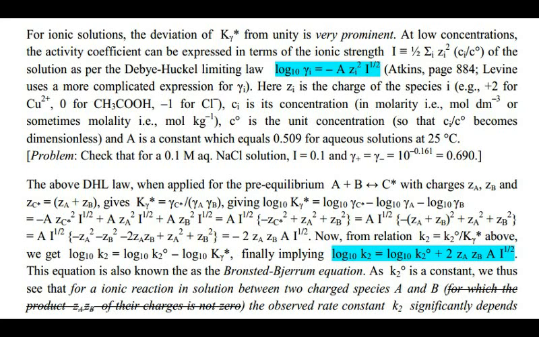So from the electrolyte molarity, we need to consider the molarity of each ion. Then we sum the molarities into Zi squares, the charge squares, and multiply this summation by half. This gives the ionic strength.